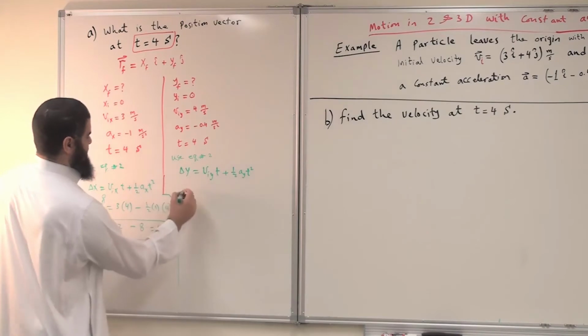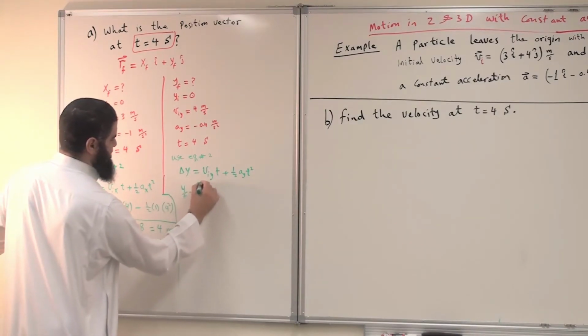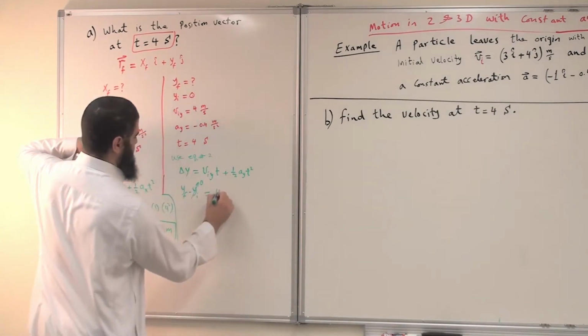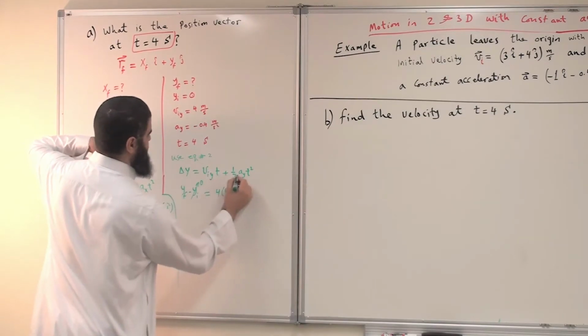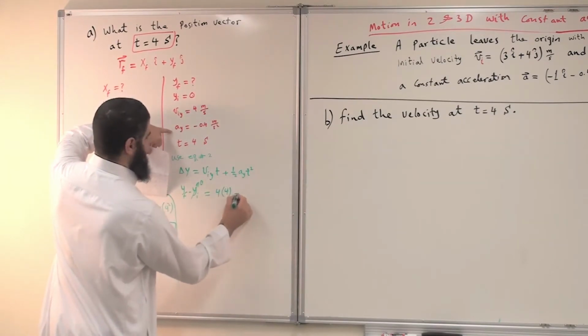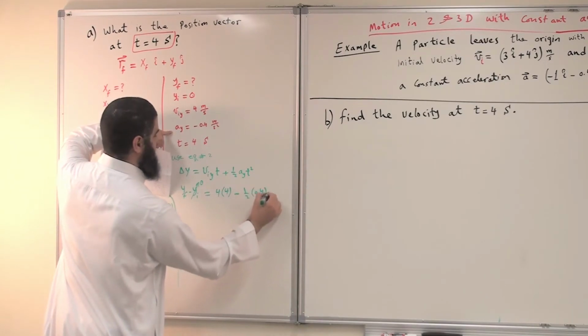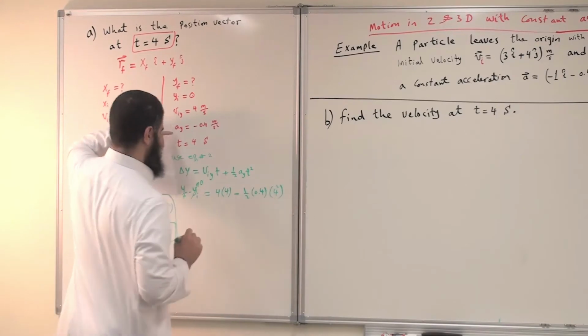And here I have y final minus y initial. Y initial is 0, it was at the origin. V initial y, which is 4, multiplied by the time, which is also 4. Here the acceleration is negative, so I have minus 1/2 multiplied by 0.4 multiplied by 4 squared.